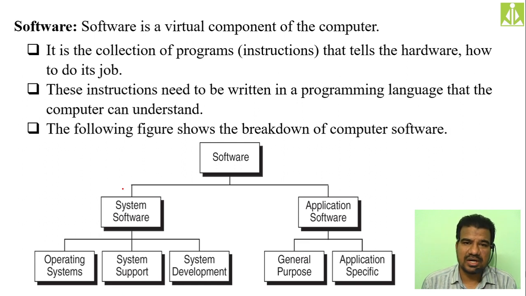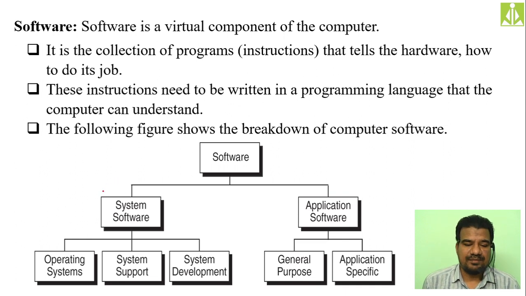Generally, we are not writing instructions to the computer in our natural language, because we already discussed the computer will understand only machine language. And before converting to machine language instructions, we need an intermediary language. That intermediary language is our C language. Once again, we'll have the discussion on this one. So remember, all the instructions given to the computer must be written in a programming language that the computer can understand.